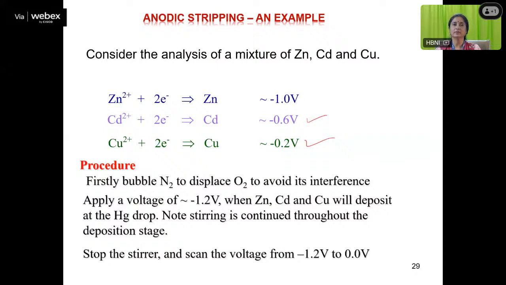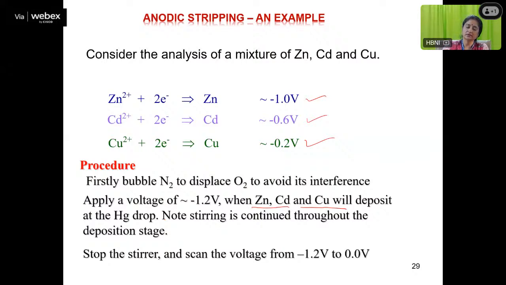So you have to bubble nitrogen so that oxygen will be expelled. Now apply a voltage of around minus 1.2 volt, because the maximum is minus 1 volt. When you apply minus 1.2 volt, all the zinc, cadmium and copper will get deposited at the mercury drop.